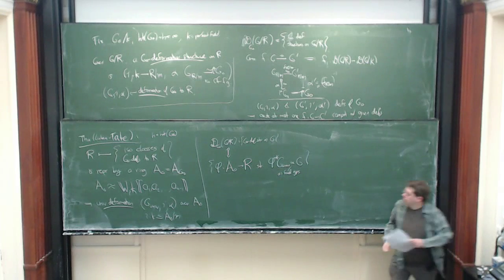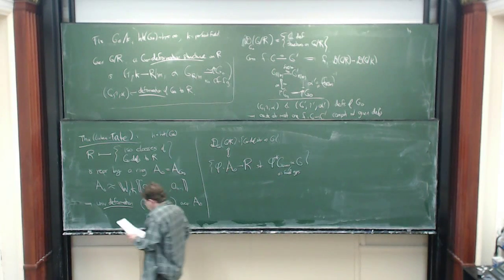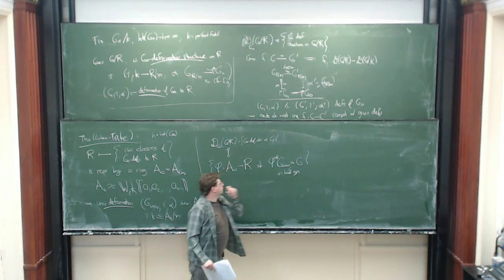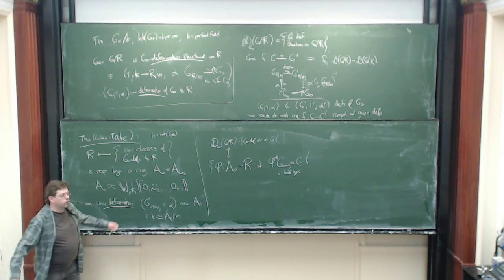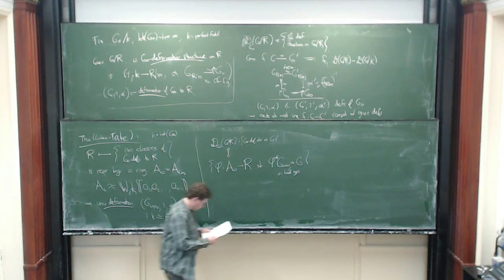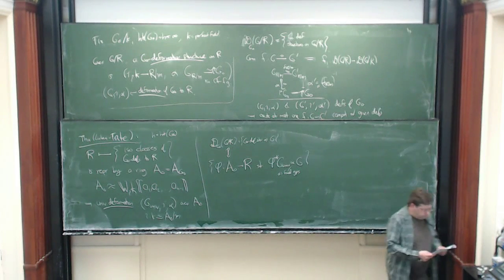That's sort of taken into account by this. Once you give yourself a phi and an isomorphism, that automatically provides G with the structure of a deformation, sort of by abstract nonsense. All right.